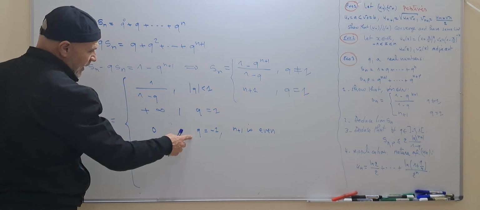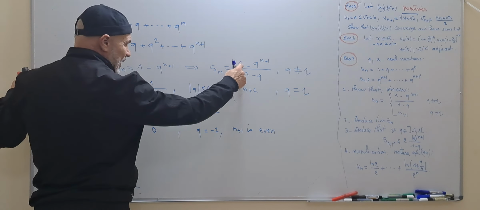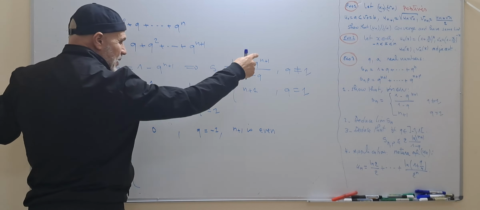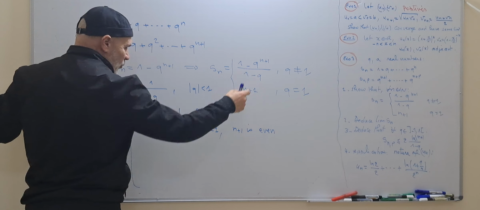In this case, we have 1 minus 1 power even, so 1 minus 1, and here we have 2.